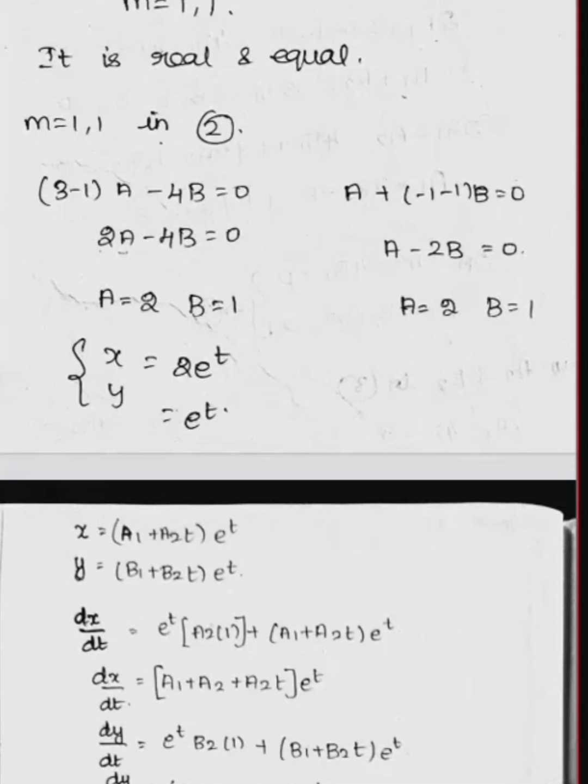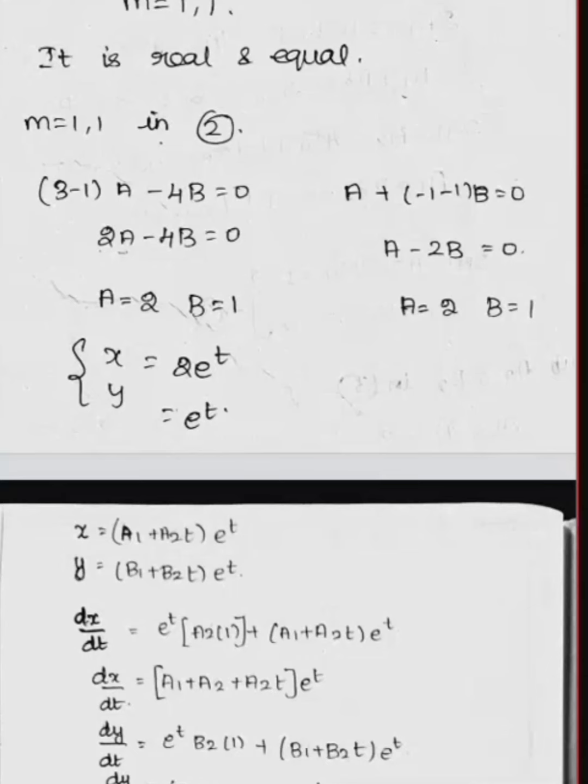So a1 is constant here, so 0 plus a2 into 1 here. Similarly, you consider the term a1 plus a2 into t as it is. Differentiating e power t, you get e power t here. Now taking e power t as common, the remaining term is a1 plus a2 plus a2 into t here.